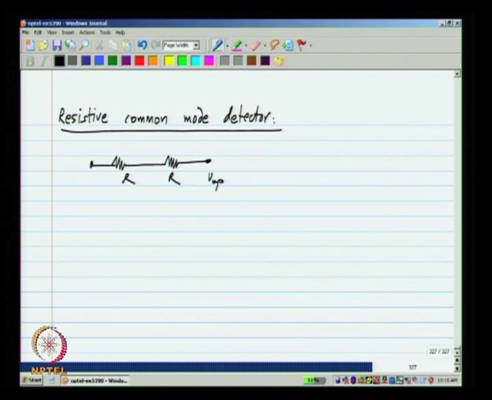If you have VOP and VOM, here we get (VOP plus VOM) by 2, and because we use resistors, it is linear even for large swings of VOP and VOM, and its range is not limited.